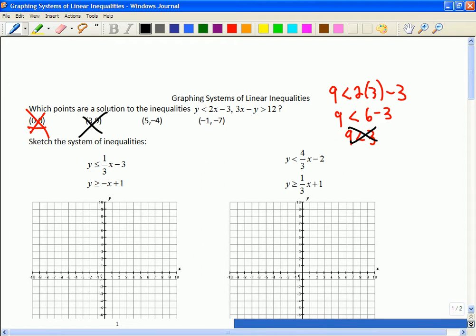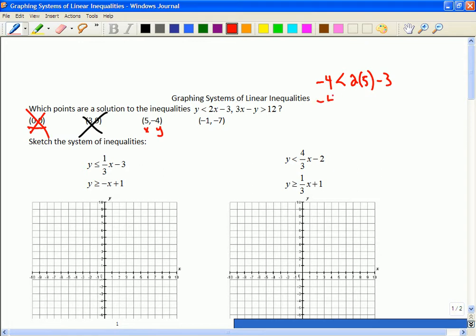Okay. And how about, did anybody get as far as 5, negative 4? Does 5, negative 4 work? Oh, there's some debate here, yes and no? Okay, well then let's just double check. If I have negative 4, so I'm putting in for x and y, negative 4 is less than 2 times 5 minus 3. So negative 4 is less than 10 minus 3.